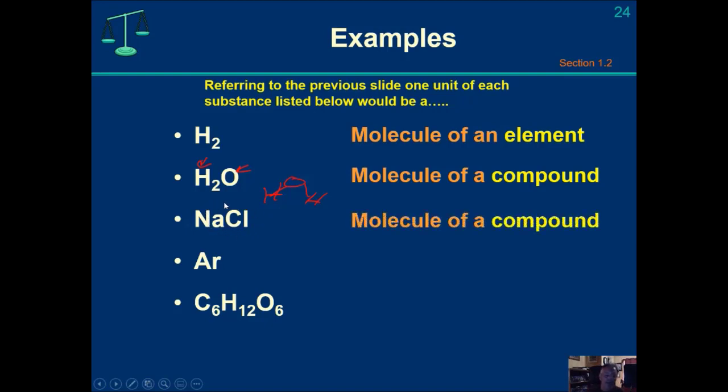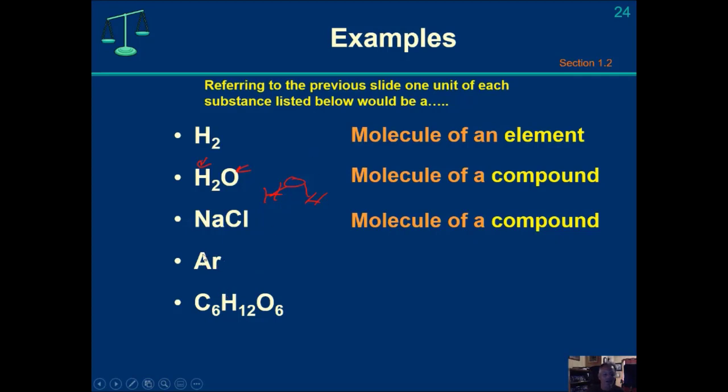We're going to learn a little bit later in Chapter 2 that this is an ionic compound, and it's actually a crystal structure. There are no discrete molecules of sodium chloride. There are big ordered arrays of ions in this ionic compound. For the time being, molecule of a compound will be just fine.